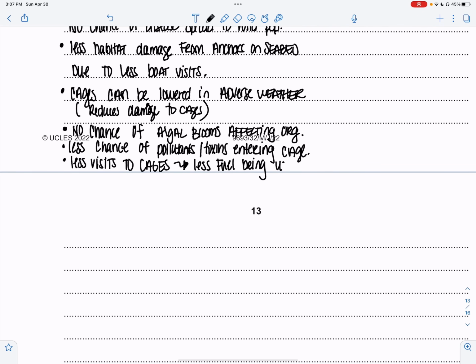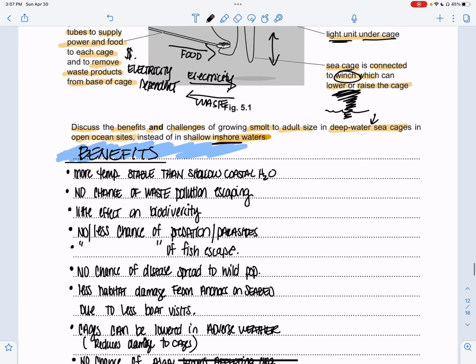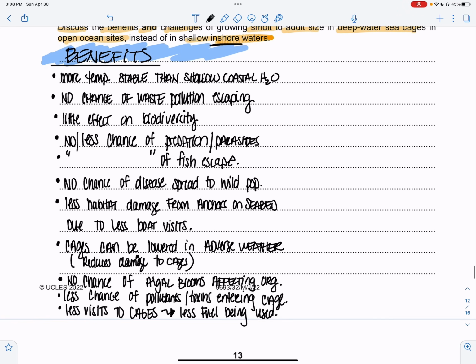Right, so if you had a more shallow inshore, not on land, but inshore cage system, you probably wouldn't invest all this money in technology and laying these tubes on the seabed to assist in feeding and removing waste. It might be something that you figure out through cost analysis that you should just do, instead of having to implement all of these different tubes and laying down wires.